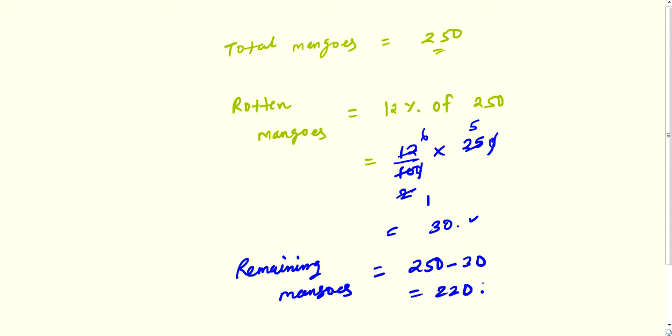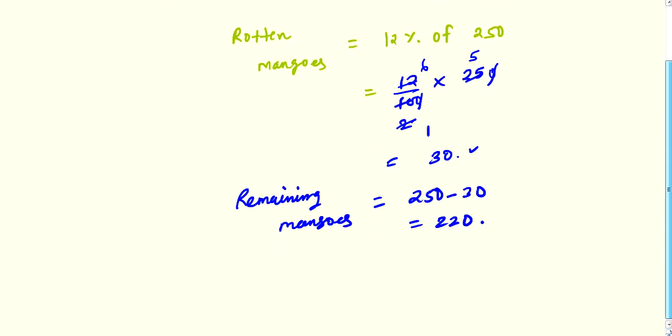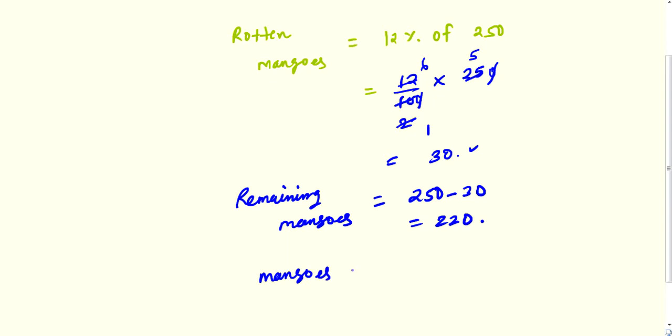Then it is given that 10% got crushed. We have to find the mangoes which were crushed. So you will find 10% of 220, not of 250.